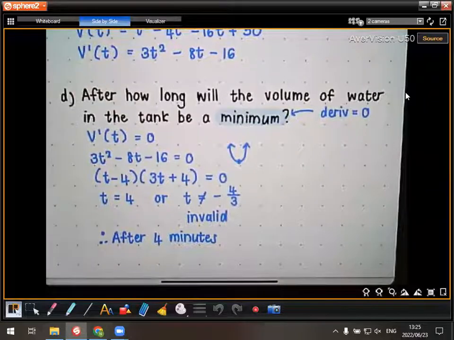They're giving us the rate of change. Yes, I suppose you could have solved that one as well. It was the same answer.